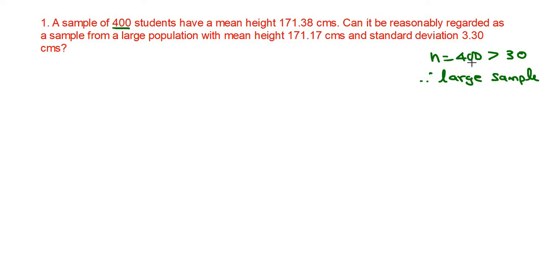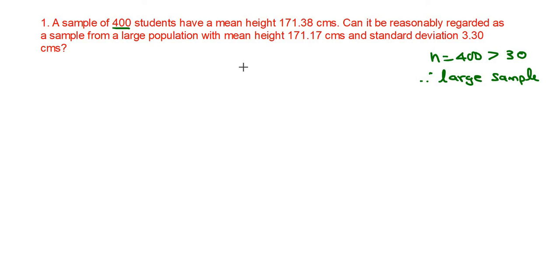Since n is greater than 30, it is coming under large sample, and then we are going to analyze if there is a significant difference between the sample mean and the population mean. So this problem is coming under the topic test for the significant difference between sample mean and population mean.